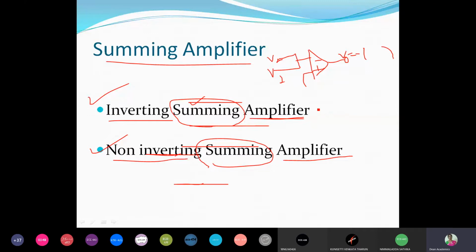I think in this class, with the available time, we will be able to discuss the inverting summing amplifier with one example problem. And in the next class, if possible, we will discuss the non-inverting summing amplifier also. Otherwise, we will discuss it in the next class, right?